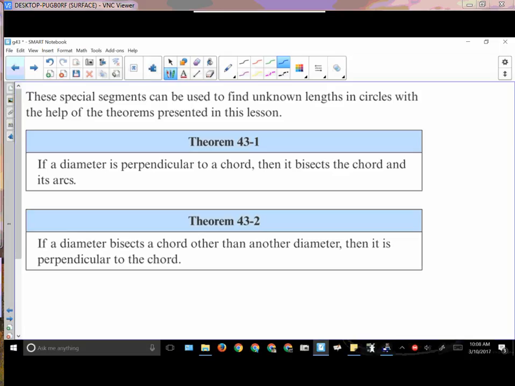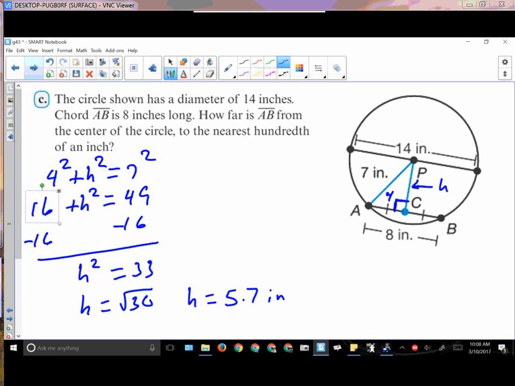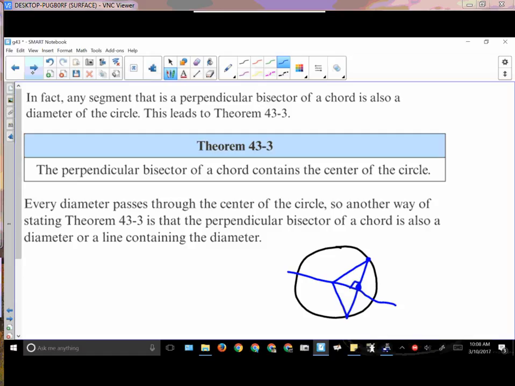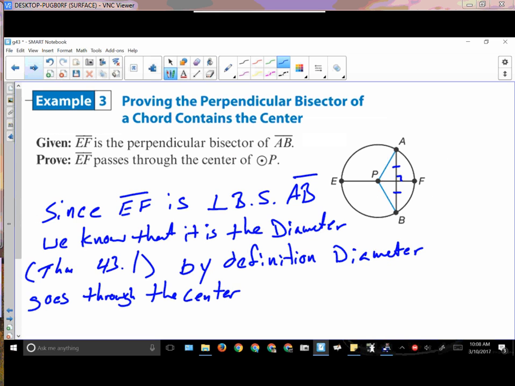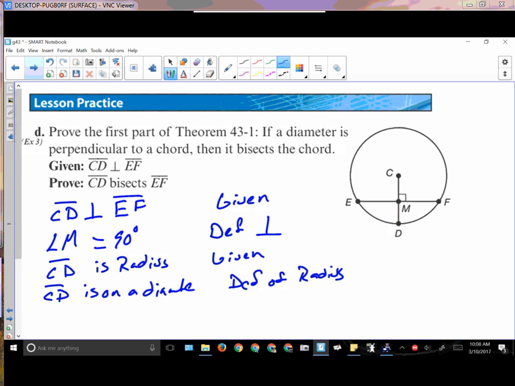And it says if a diameter is perpendicular to a chord, then it bisects the chord and its arcs. So, go back. By the way, will that help us anything? It says the perpendicular bisector of a chord contains the center, but we still don't know that it's being bisected yet, do we? I got to prove that it bisects it.